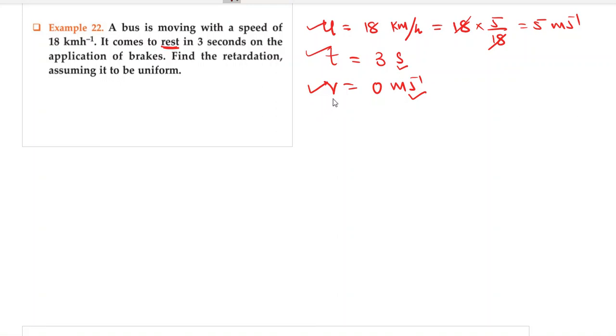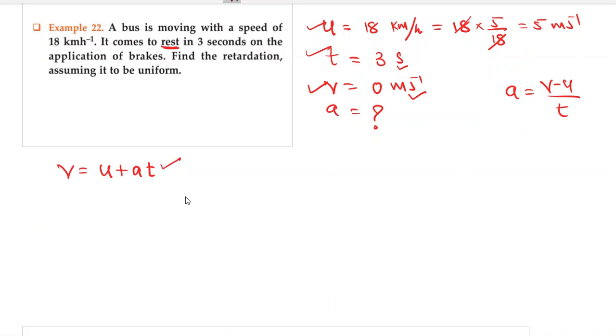Find the retardation, assuming it to be uniform. We have to find the acceleration. Of course, it will be negative. So we will use the first equation of motion, V is equal to U plus AT. Now some people might ask why can't we use this formula A is equal to V minus U upon T? Let me tell you, this is the same formula.